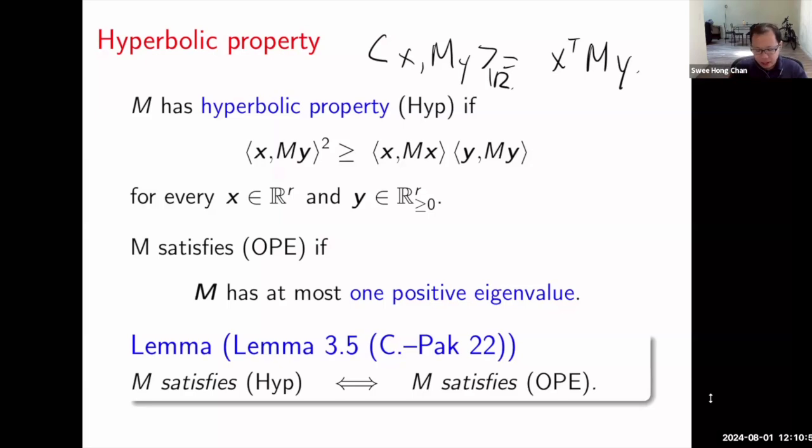So in fact, you can say that eigenvalue is the only one. The others must be either 0 or negative. This property is well known since at least the 1920s, maybe around the time of Alexandrov, maybe even before that, that these 2 properties are equivalent: hyperbolic implies at most one positive eigenvalue, and vice versa.